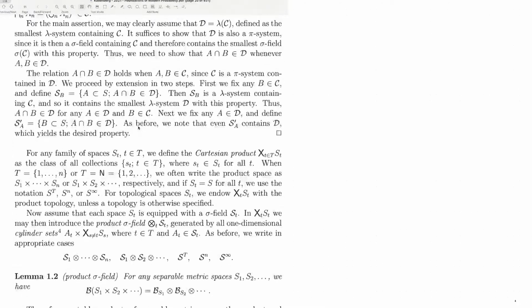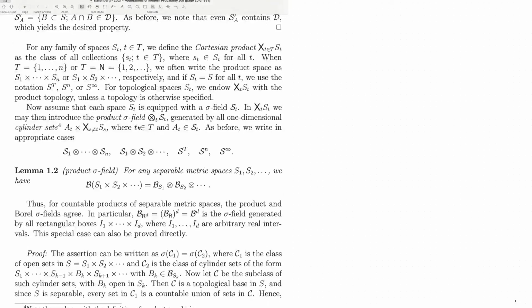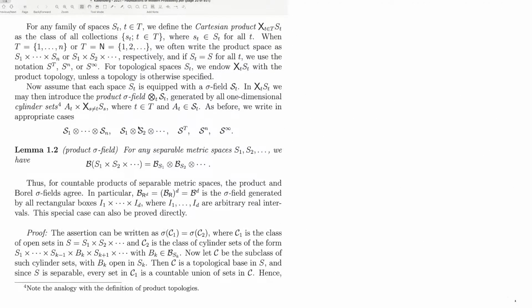So last time when I was working on this, I was on lemma 1.2. Here we have that the Borel sigma algebra of a countable product of topological spaces is equal to the countable product of the Borel sigma algebras.